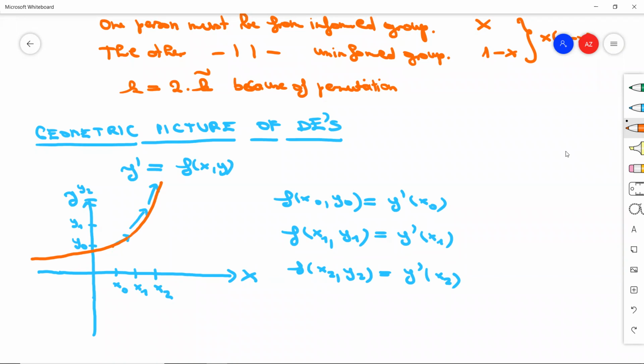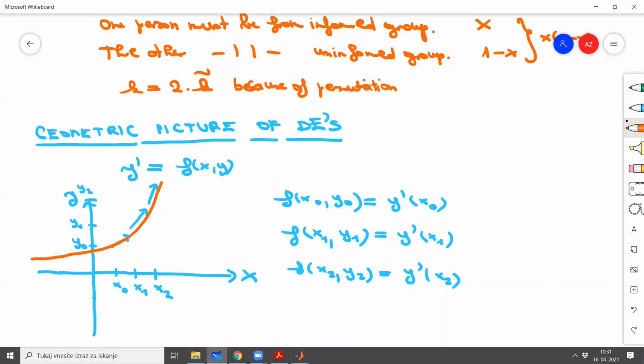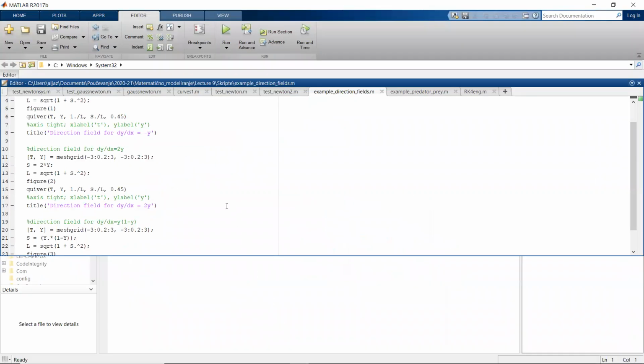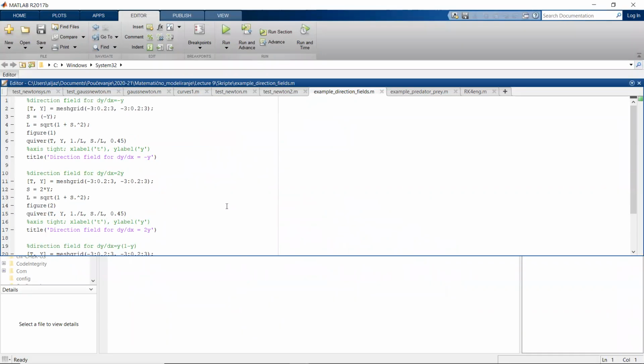And this can be visualized with MATLAB. I have a code here, so we'll see. So for example, this direction field. We will draw the direction field for the equation dy over dx is minus y.